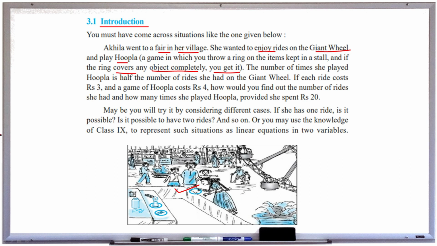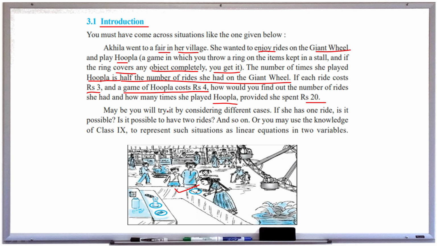The number of times she played hoopla is half of the number of rides she had on the giant wheel. If each ride costs rupees 3 and a game of hoopla rupees 4, how do you find out the number of rides she had and how many times she played hoopla, provided she spent rupees 20?